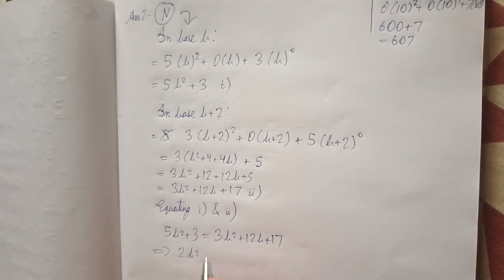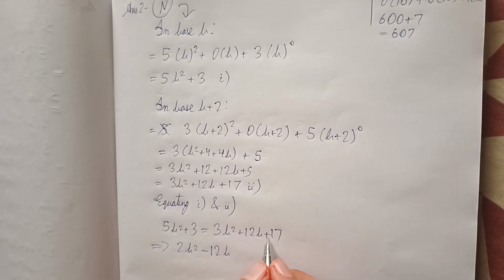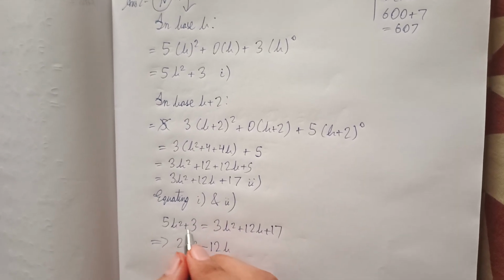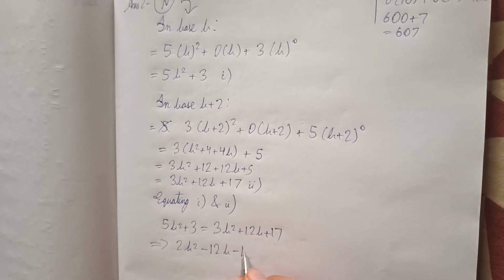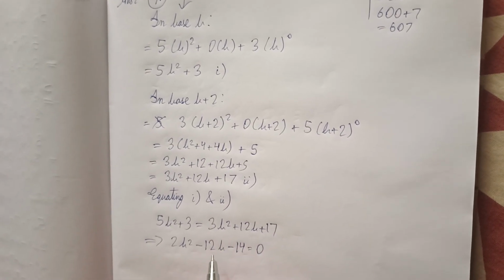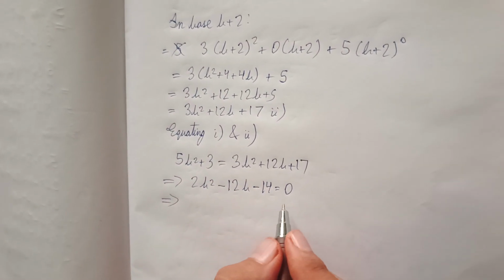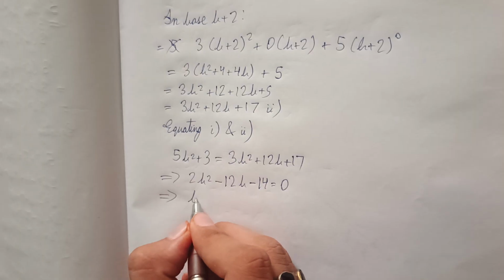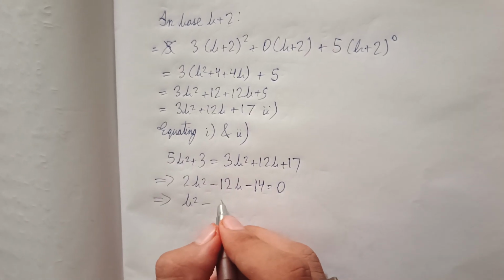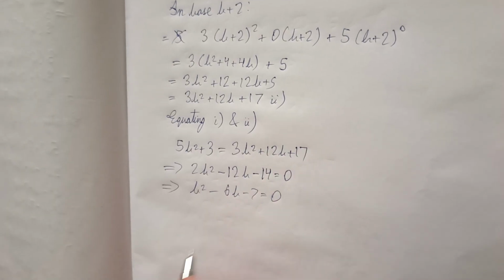This will simply become completely negative, so this will be 12b, and this will subtract with plus 3, so this will become minus 14 equals to 0. As you can see, we have a quadratic equation here, but first we can simplify it even further by dividing the whole thing by 2, it doesn't really matter. It just makes things easier for us. So it's going to be b squared minus 6b minus 7 equals to 0.